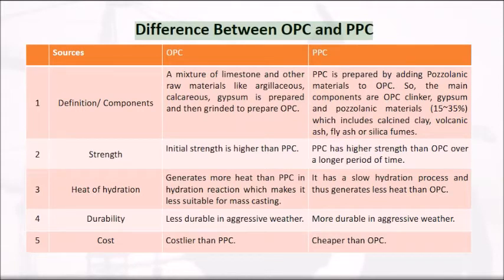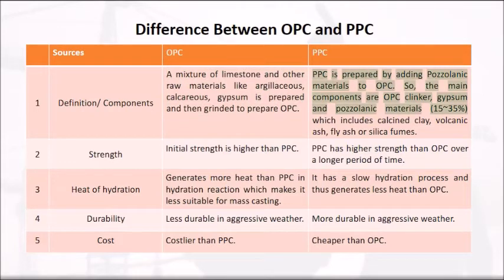Difference between OPC and PPC. One, definition and components. OPC is prepared by mixing limestone and other raw materials like argillaceous materials, calcareous materials, and gypsum, and then grinding them.